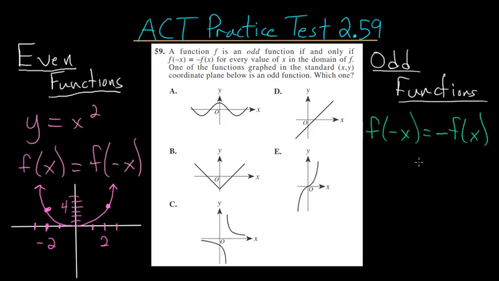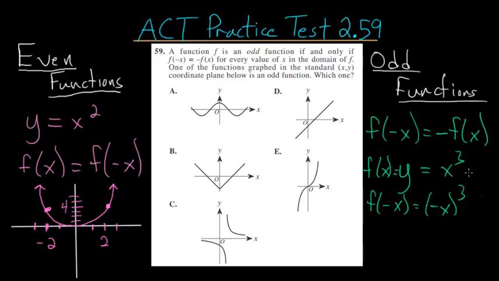The most common example for an odd function is y is equal to x to the 3rd power. If you were to put in negative x here, so let's say this is our f of x, and you put in negative x anywhere you see this x, f of minus x would be minus x to the 3rd power.